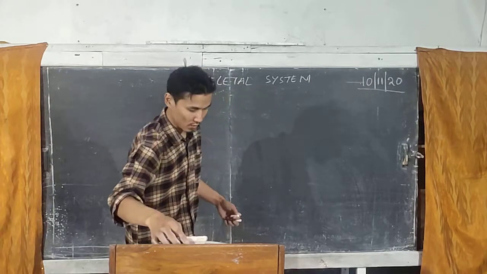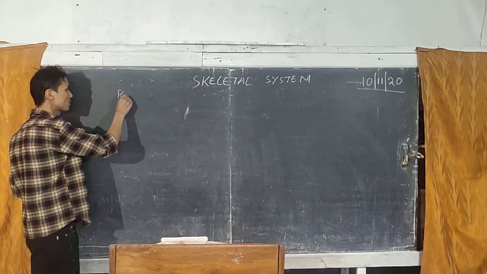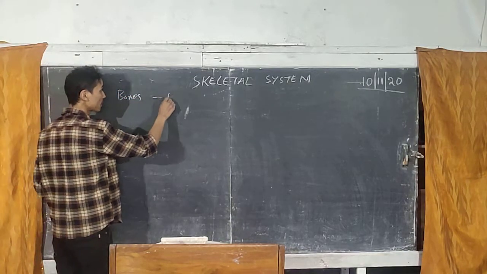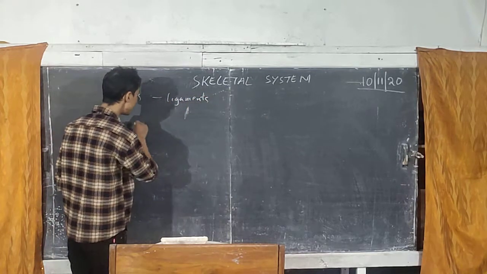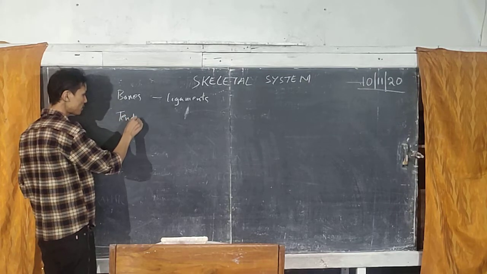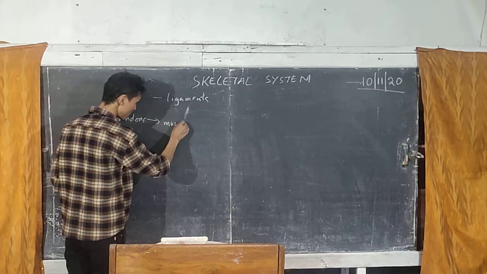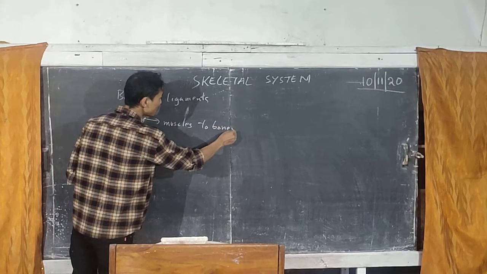When we are talking about joints, it basically means connection of bones. The bones are held together by ligaments and tendons connect muscles to bones.